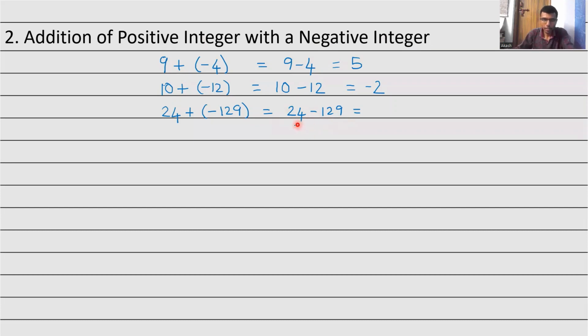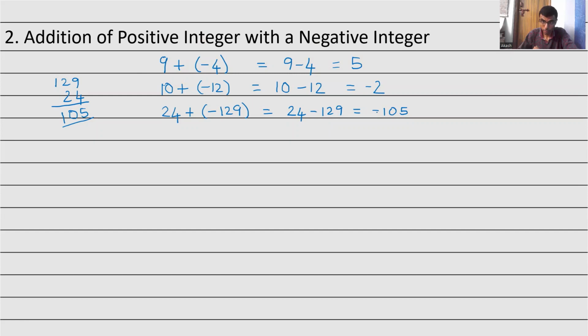Now you can do the basic subtraction: 129 minus 24. You can just take it to the left side and do it. So 9 minus 4 is 5, 2 minus 2 is 0, and then 1 would come as it is. So this is nothing but minus 105.